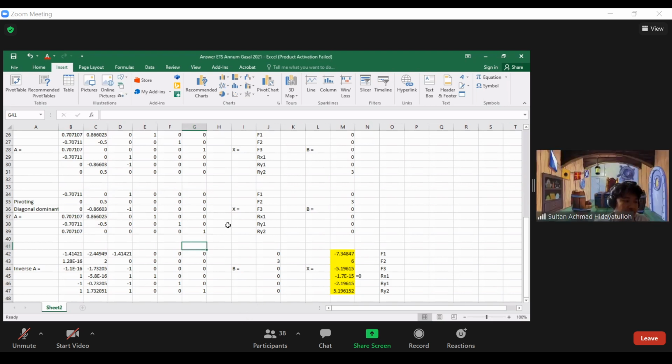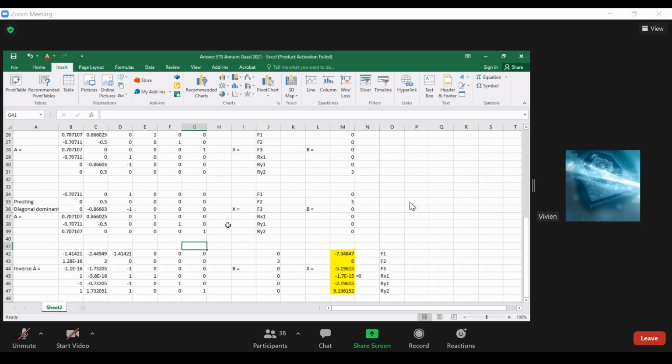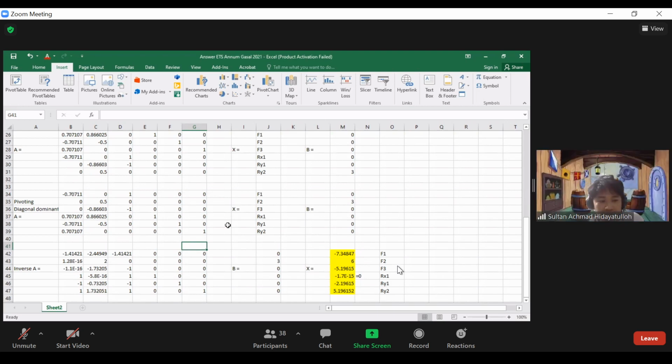And if a few of us have a grade below the KKM, will there be a remedial or something that we need to do? Okay, I'll check the result again later, and we will decide that after we have finished the marking. I will let you know through the WhatsApp group. Okay, ma'am. Thank you very much for your information.